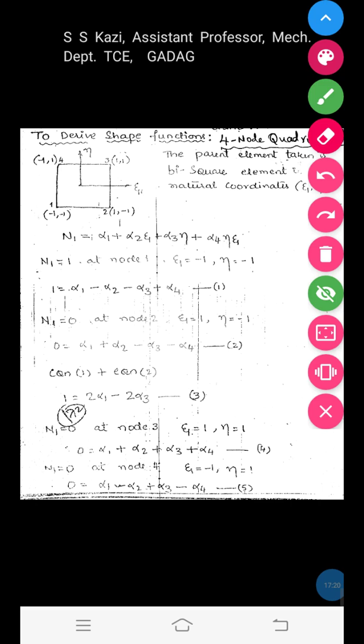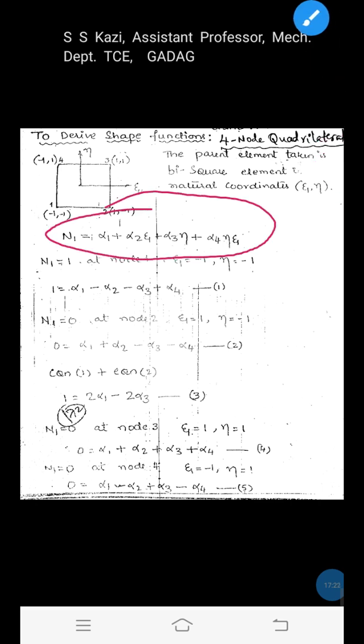Okay, now once you assume the shape function n1 like this, how do you get its value? Just apply the conditions for n1 at nodes 1, 2, 3 and 4, and substitute those conditions for the 4 nodes into this shape function.